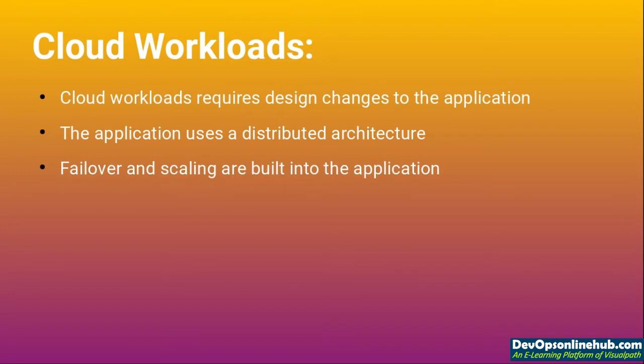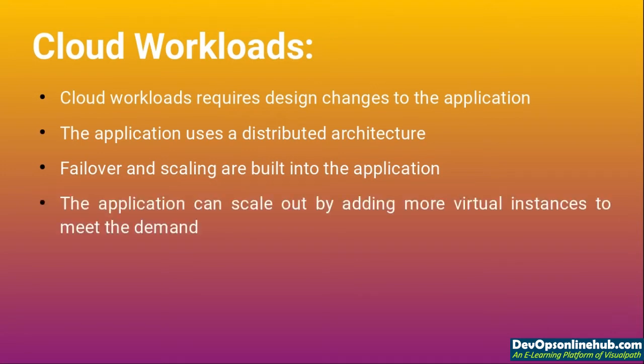And in cloud, your application has the failover or scaling out capability to match the demand, whereas in a traditional workload that failover and scaling up capabilities are in the infrastructure, not in the application. So here you scale out or scale in your application to match the demand.